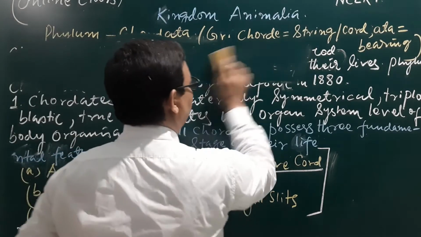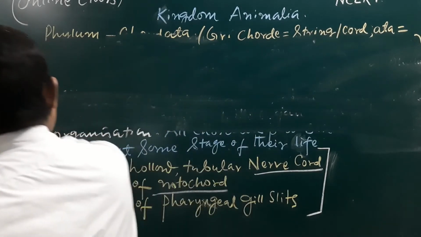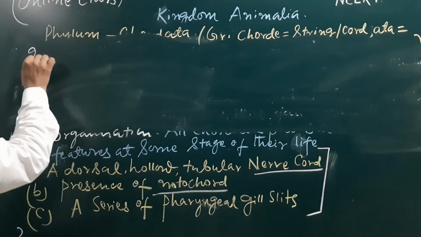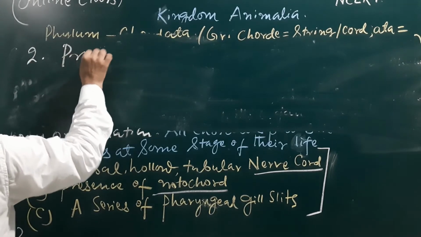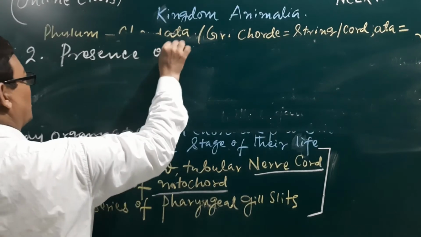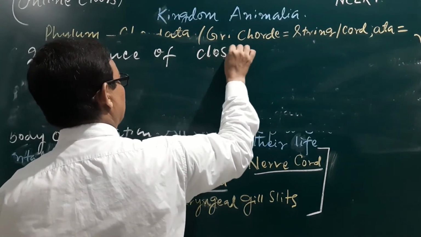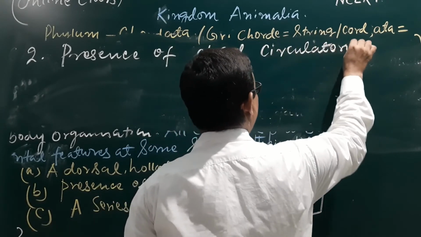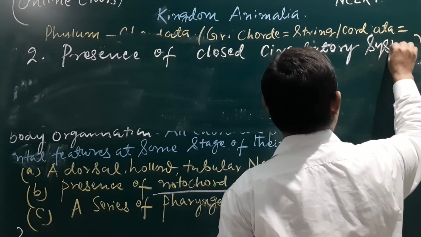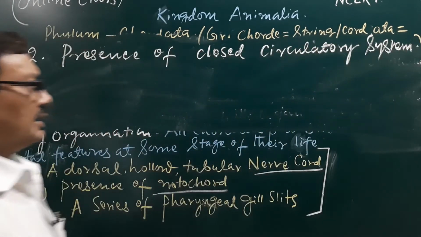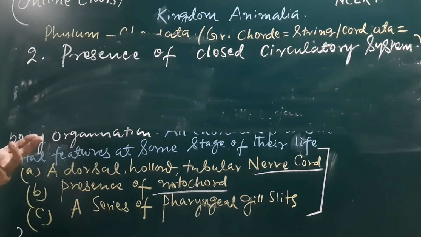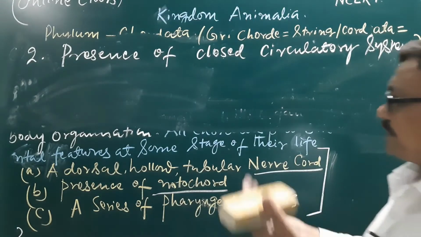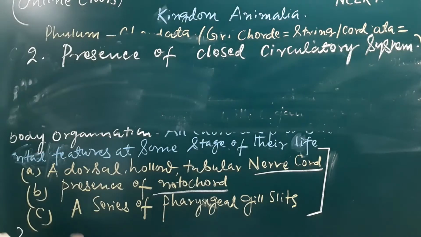Number 1, presence of a well developed heart, and number 2, presence of a closed circulatory system, that means the blood circulates within confined vessels like the arteries, veins and capillaries, and a well developed heart is also present.